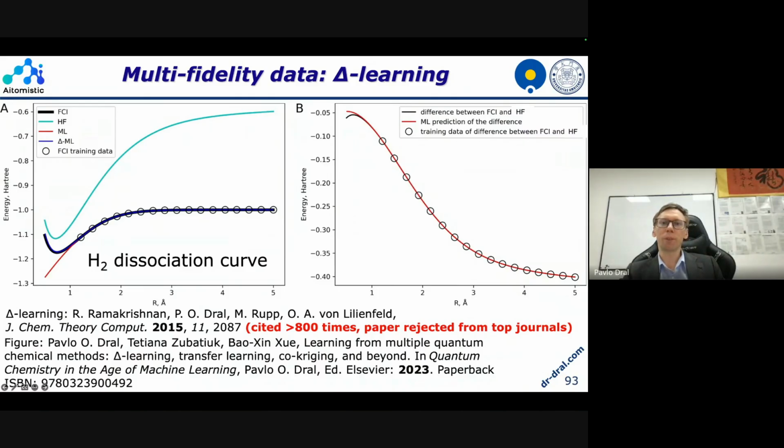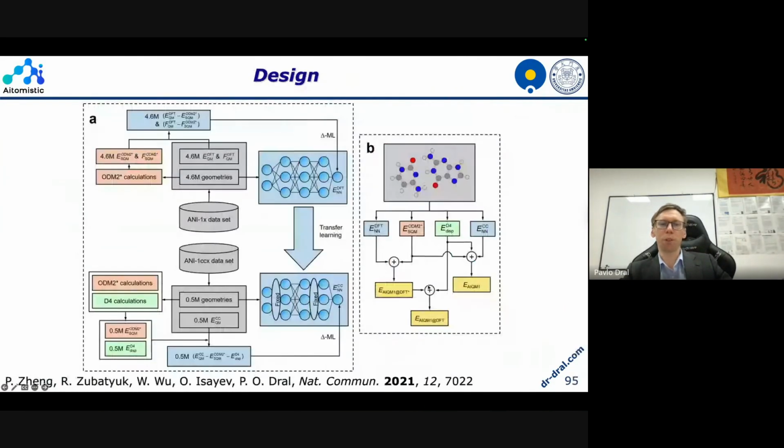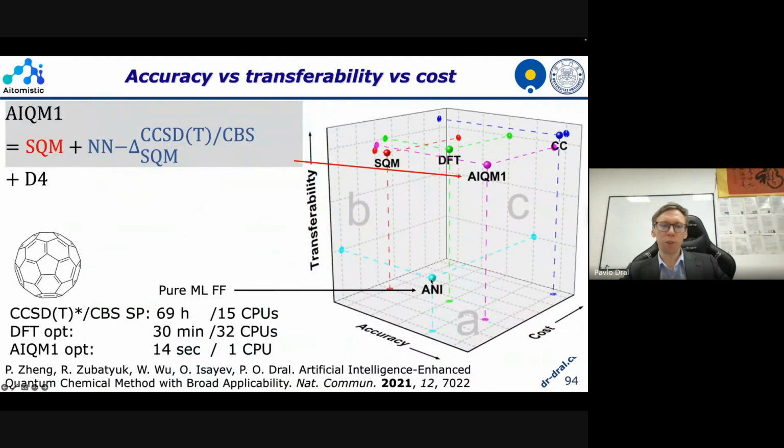Very nice. That's exactly what we've done in the delta learning approach. This ANI model, which I showed you before, is a pure machine learning model. It has no baseline, like a semi-empirical method or something, and it can have these very bad problems like H2.